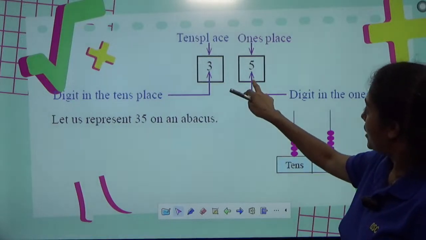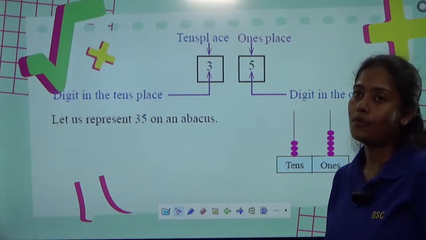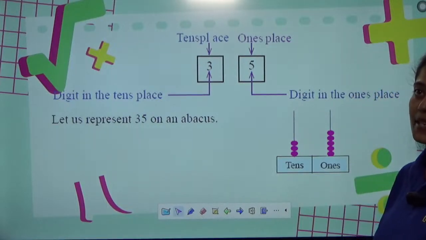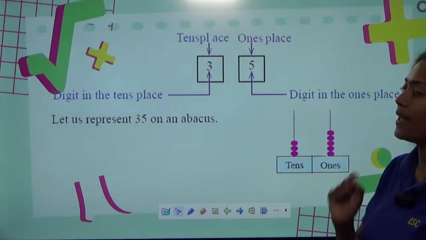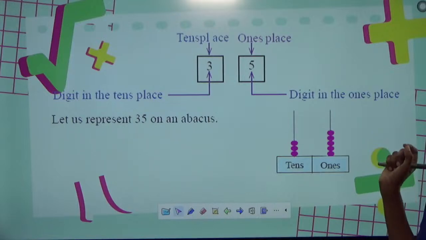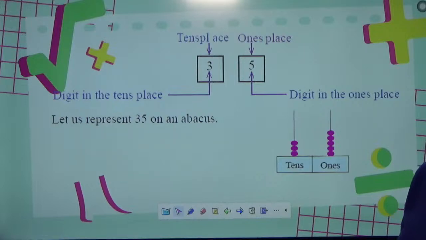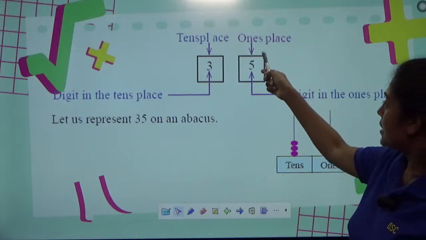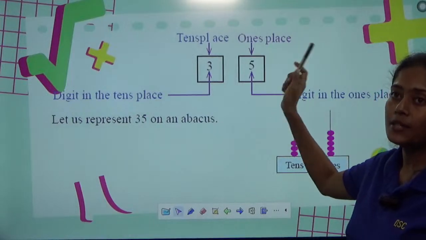Now this first place, we call it ones place, or otherwise we can say unit place also. In questions sometimes you can get the word unit place, sometimes we will get ones place. This is the ones place.